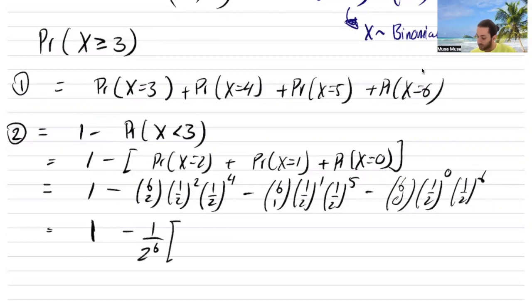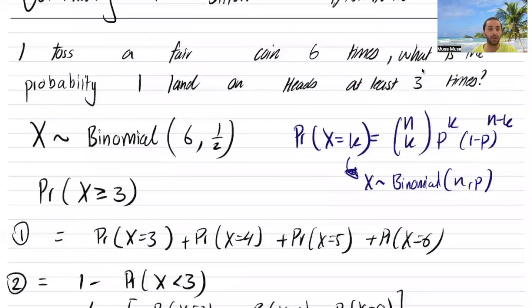And then what's 6 choose 2 plus 6 choose 1, 6, plus 6 choose 0 is 1. So 22. There you go. And then 1 minus 22 on 2 to the 6. Not bad. 21 over 32. So the probability that we'll have at least 3 is 21 over 32. Fair enough. I don't see anything wrong with the question like this at all.